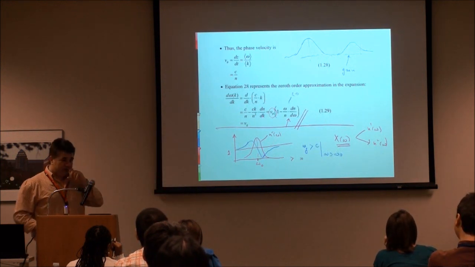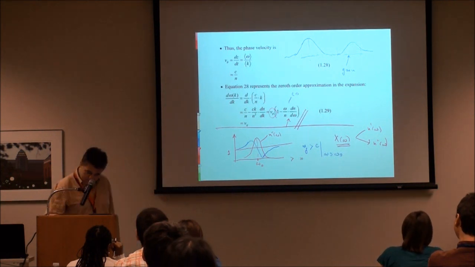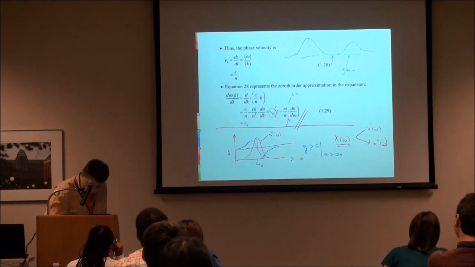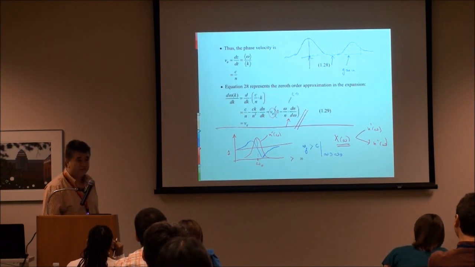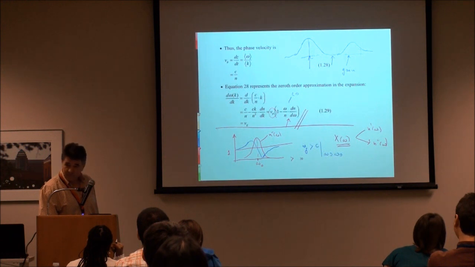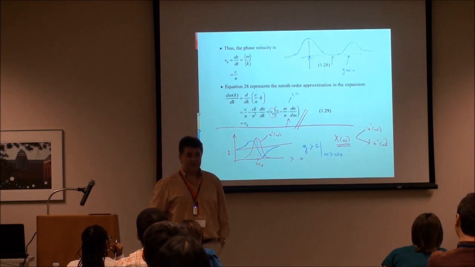But this is not contradicting what Einstein said, because there is no way I can encode any information in the main part of the pulse that will come out faster, because we're talking about different signals. So there is no information in here that will come out faster here. This will be slower than c. It just looks like it's faster. The group velocity is higher, but the signal velocity is lower than c.